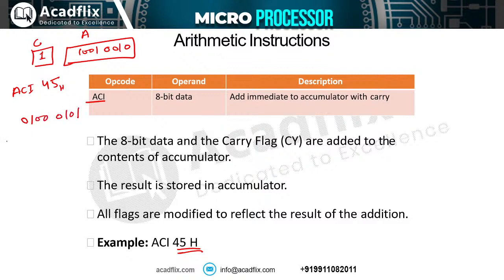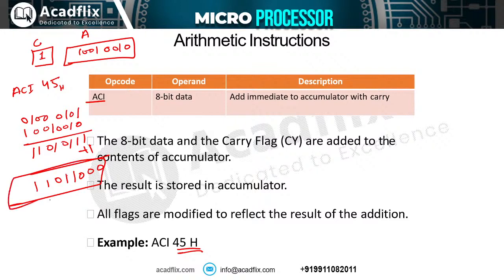Then you will add the value of the accumulator, that is 1 0 0 1 0 0 1 0. So this will become 1 1 1 0 1 0 1 1. Then you will add the value of the carry flag, that is 1. So 1 plus 1 is 0, carry 1, and so on. So 1 0 1 1. The final value will be this in the accumulator. So you add with carry immediate.